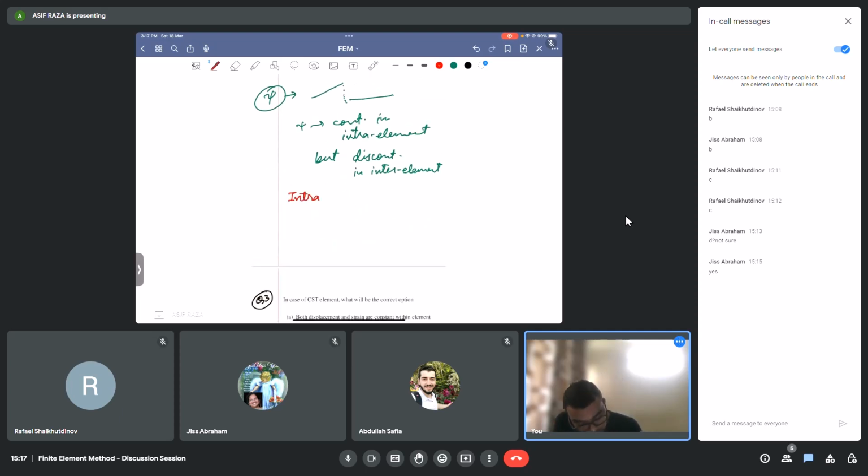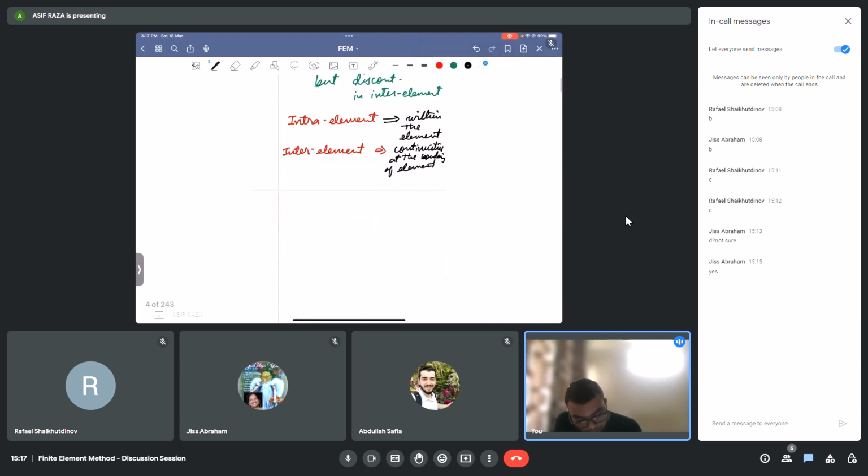Intra-element implies within the element, and inter-element implies continuity at the boundaries of the element.